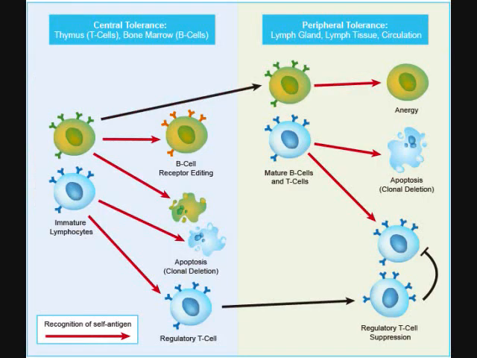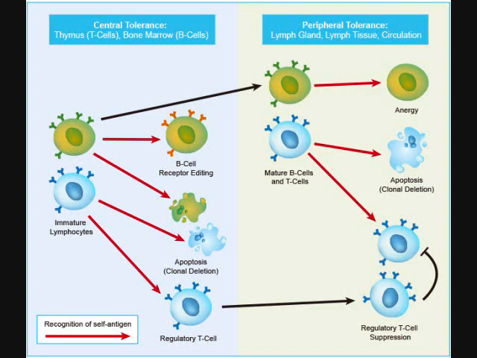Furthermore, surface receptors can shift self-reactive T cell effector cells towards anergy, or this non-reactive state. Specifically, programmed death receptor 1, PD1, and its ligands, as well as cytotoxic T lymphocyte associated protein 4, activate and result in anergic cells.